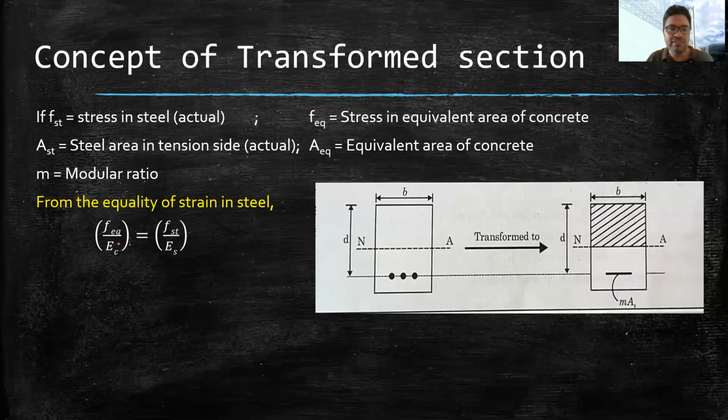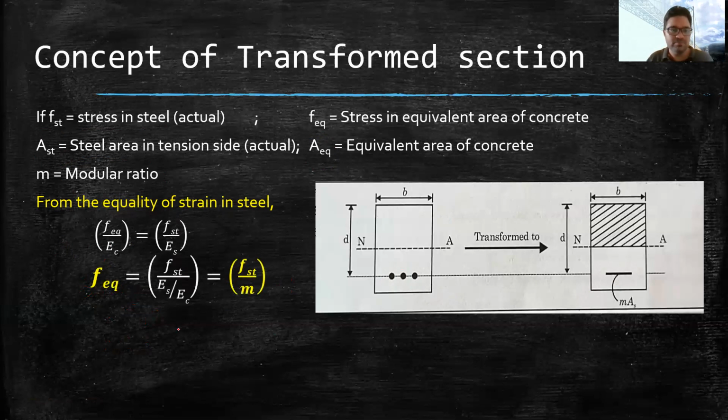Here we can see that the strain in the equivalent area will be equal to the strain in steel. This is the relationship that we will be using to get the value of FEQ.